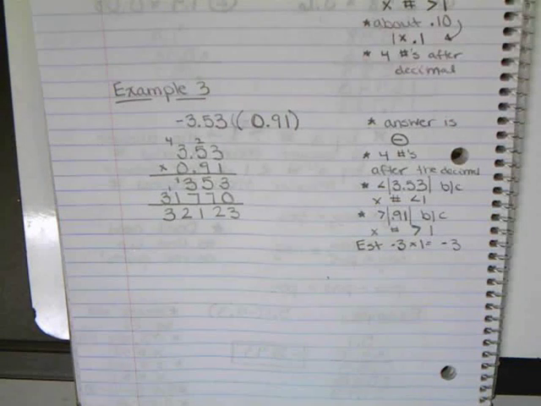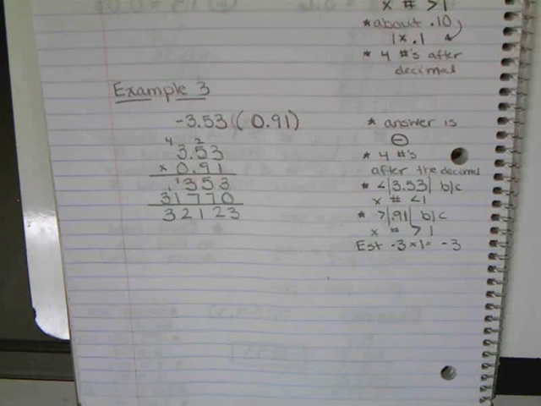Now, according to our estimate, where does it make sense to put our decimal? Behind, in front of four numbers.